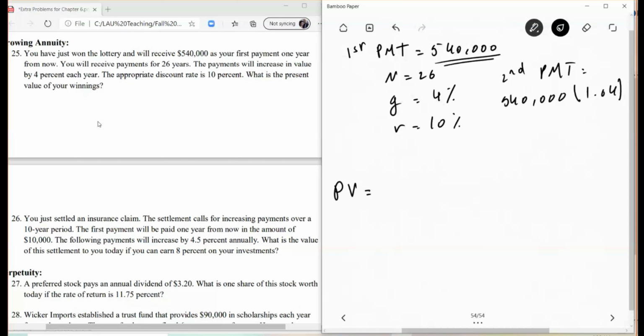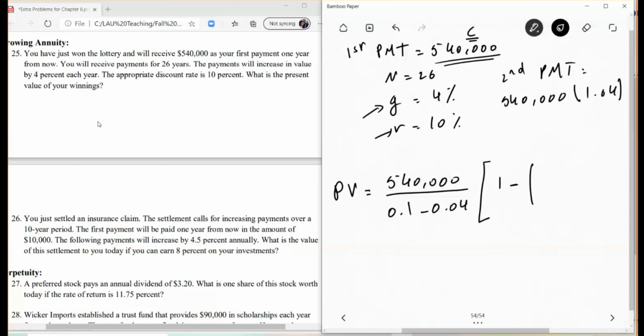In this case, PV is equal to the following: C, which is the first payment, $540,000, divided by the discount rate R minus the growth rate G. So this is 0.1 minus 0.04, times 1 minus 1 plus the growth rate, so 1.04, divided by 1 plus R, so 1.1.